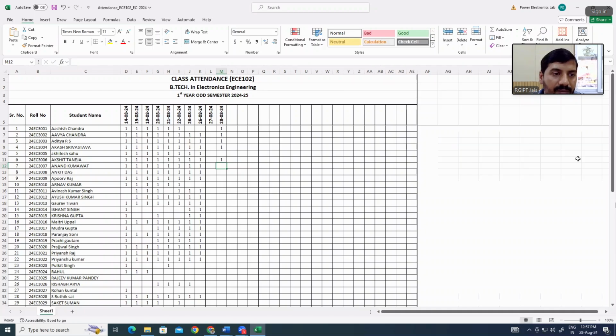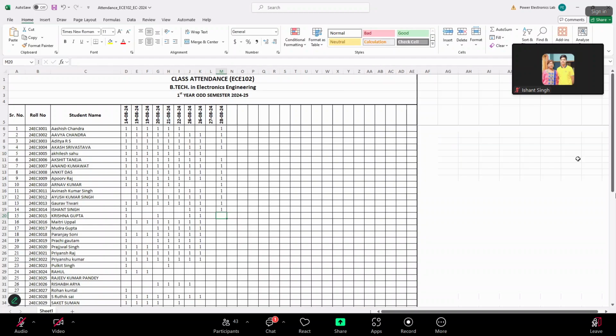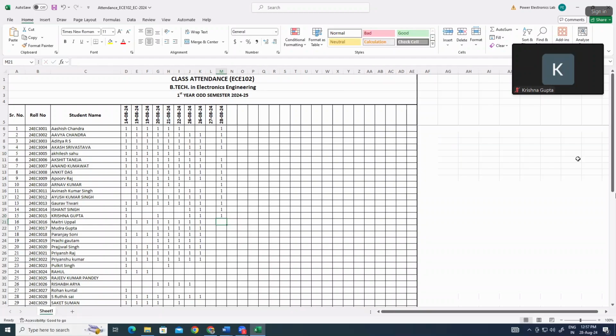Anand Kumawat, Present, sir. Ankit Das, Present, sir. Apurva Raj, Present, sir. Arnav Kumar, Present, sir. Avinash, Ayush, Gaurav, Ishant, Krishna, Maitri, Present, sir.